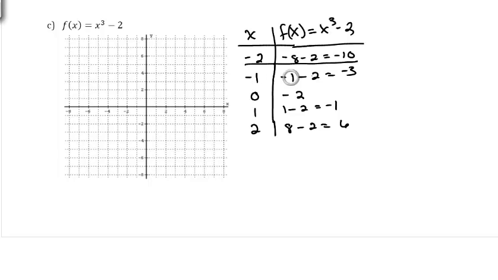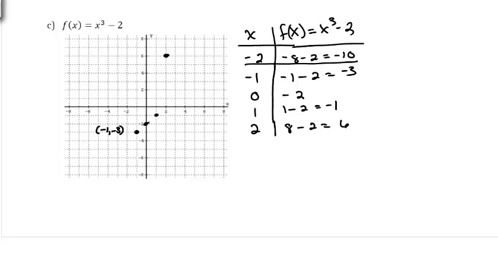We have (-1, -3). And we have (0, -2). And we have (1, -1). And we have the point (2, 6). So it kind of looks like it's forming a line here, but then all of a sudden it goes way up.